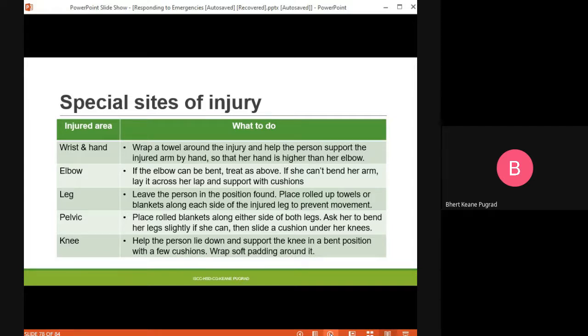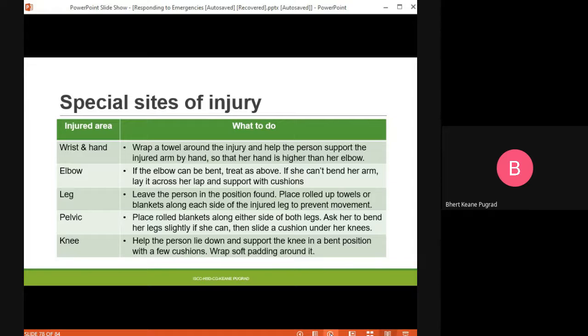How about the pelvic? Pelvic injury is very critical in adults, in our grandparents. We need to place a rolled blanket along each side of both legs and ask her to bend her legs slightly if she can. Then slide a cushion under her knees. We elevate the adjacent area so that it does not swell.